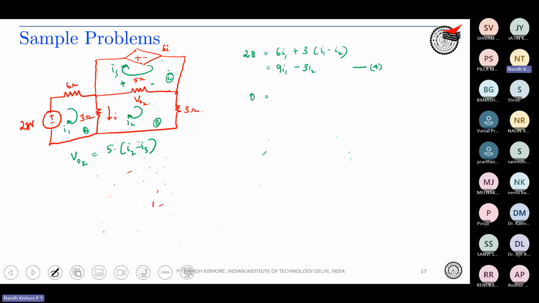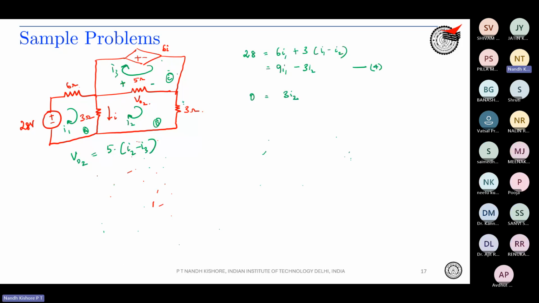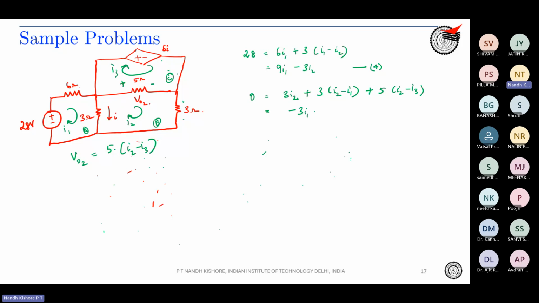There is no source in the second mesh, so you can directly write 0 is equal to 3I2, starting over here, plus 3 into I2 minus I1 plus 5 into I2 minus I3, which gives you minus 3I1 plus 11I2 minus 5I3.